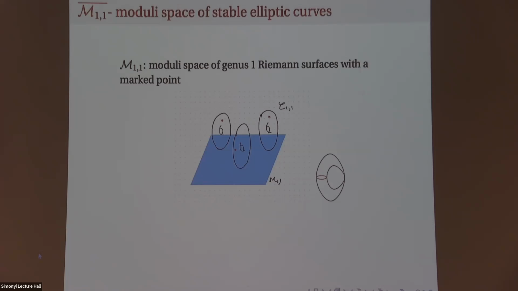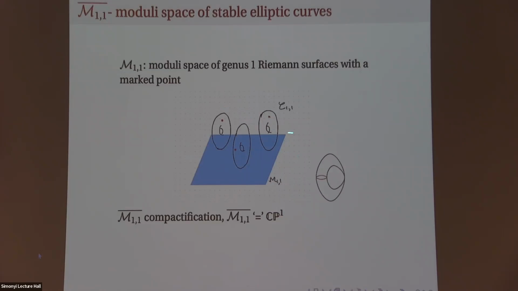And C11, that fancy C11, is supposed to denote the total space. This is the genus 1 Riemann surface with one loop squished, which is standing at the point at infinity.